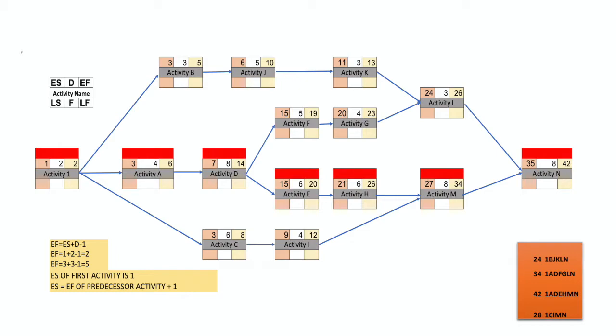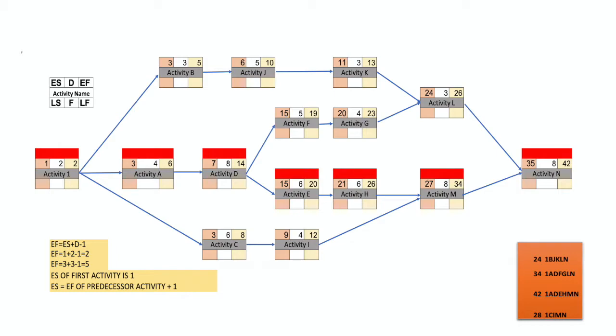For activity J, early start will be 5 plus 1, 6, and early finish will be 6 plus 5 minus 1, so it will be 10. For activity K, early start will be 11, duration 3 days, and early finish 13.